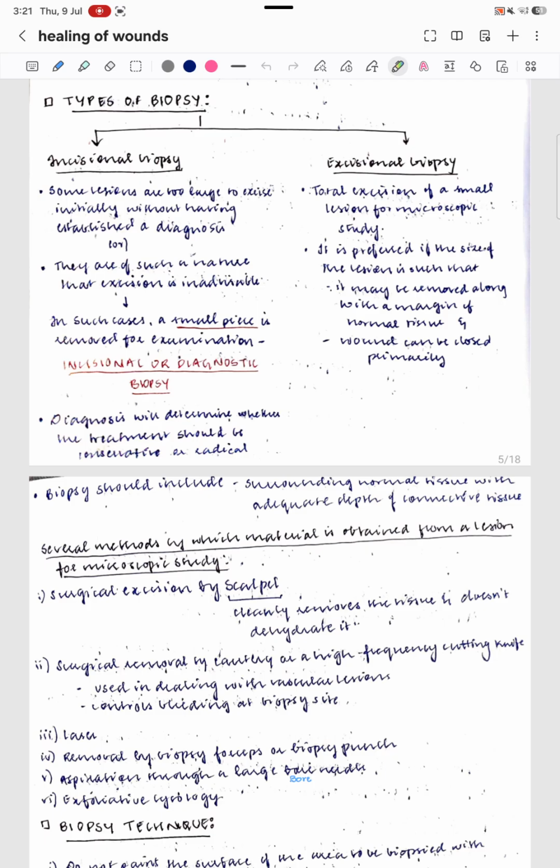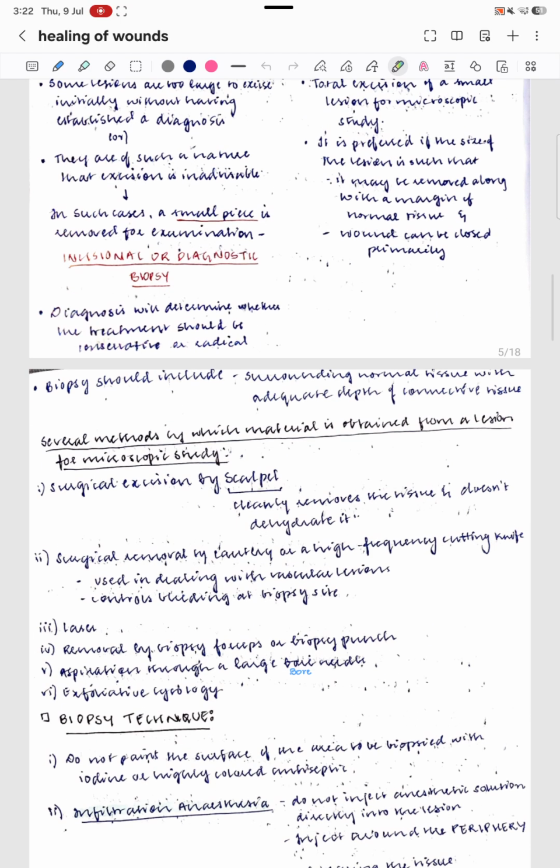In such cases, basically in incisional biopsy, for a large wound or a large lesion which is difficult to excise without having established a diagnosis, we cut a small piece for examination.